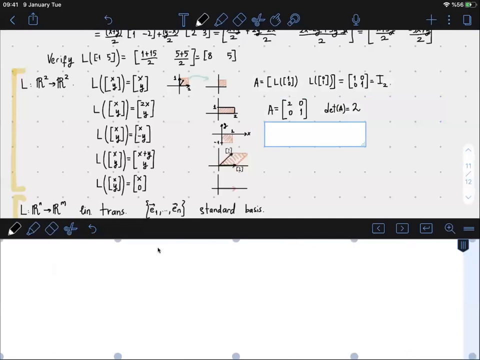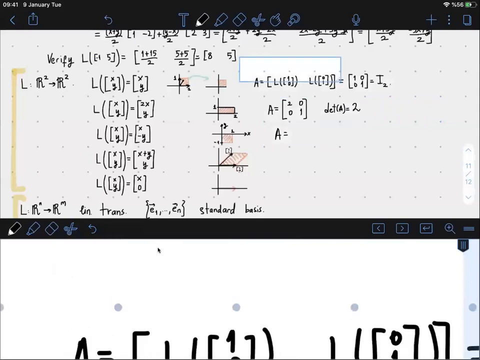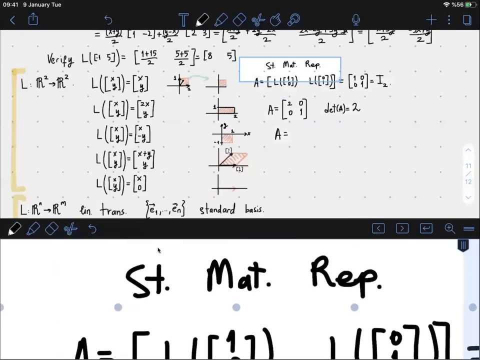And what about the third one? For the third one, what is the matrix representation? Let's write a standard matrix representation here.